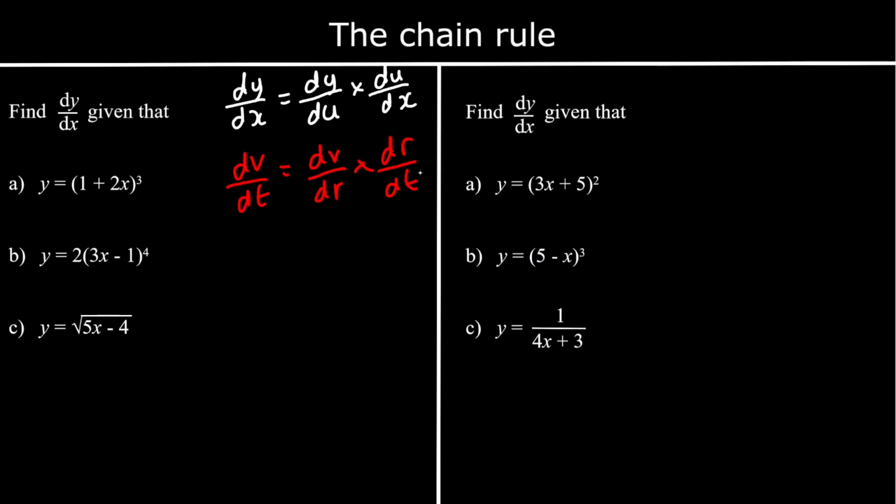We can use this chain rule to differentiate a composite function, where we've got a function inside another function. So in this first question, we can say 1 plus 2x is a function in a function. And if we call that u, we can say u is 1 plus 2x, which means that y is u cubed.